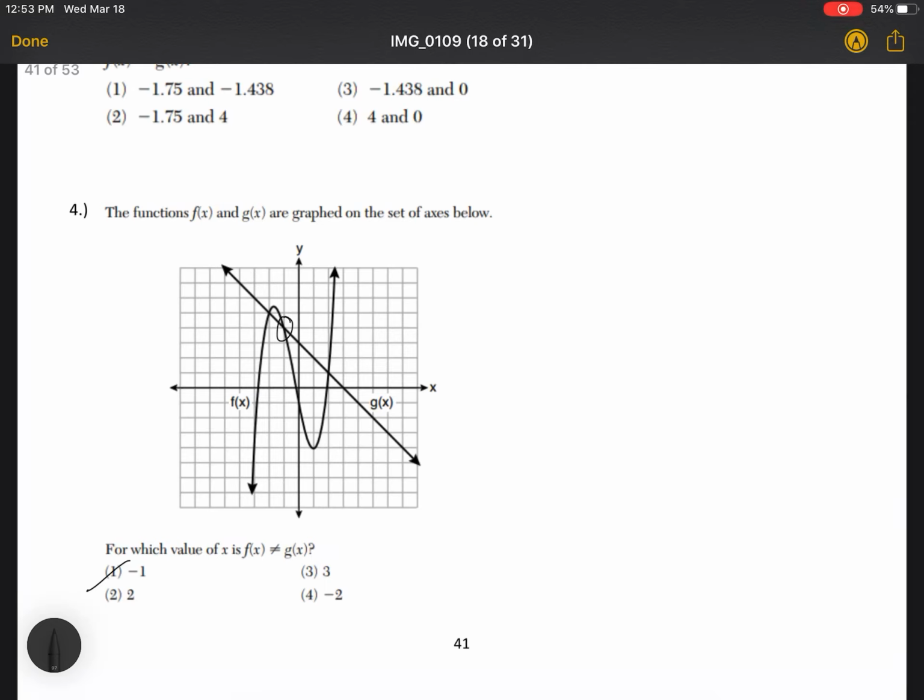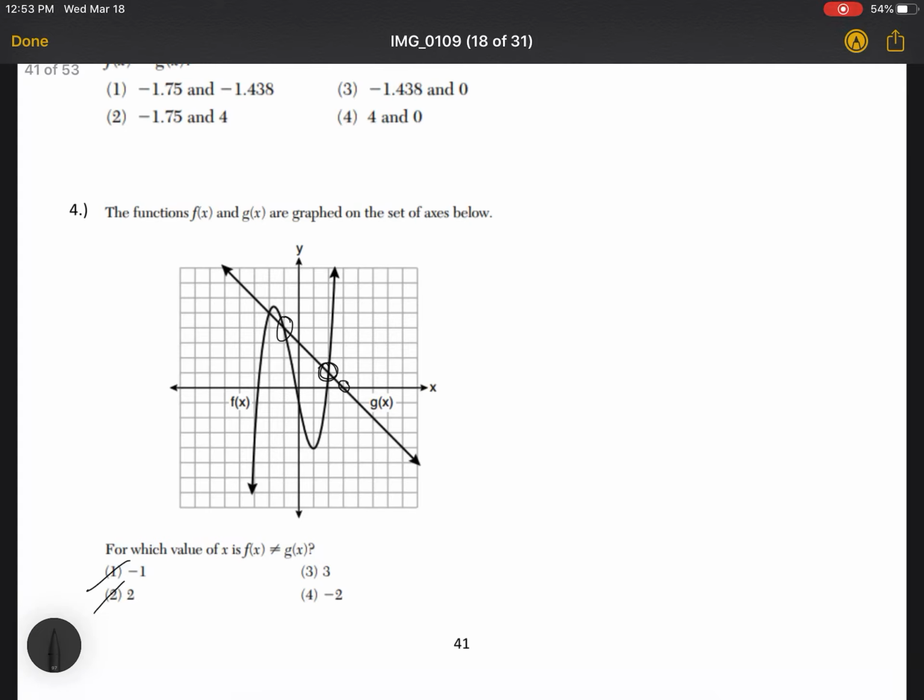Choice 2 says +2. If I go over 2 to the right from the origin, notice that there's an intersection point there as well, so choice 2 is not our answer. Choice 3 says +3, so we're going to go to the right 3.